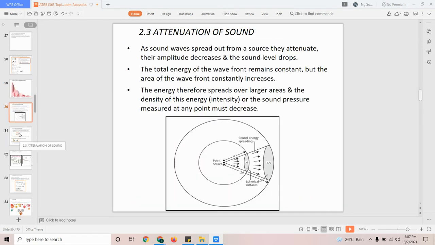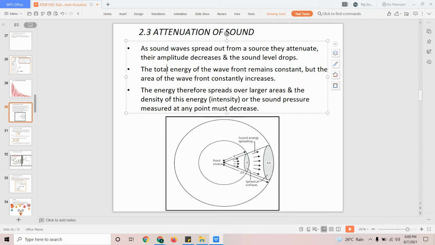Okay, so coming back to continuing on your lecture. We know that sound is a movement of energy. It's just a transfer of energy. Therefore, it can travel from point A to point B. Based on that, as they travel, they actually lose energy.